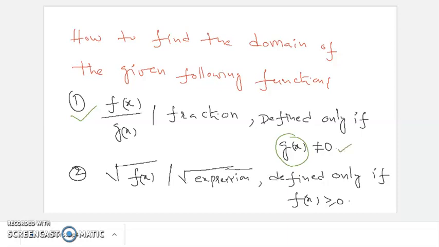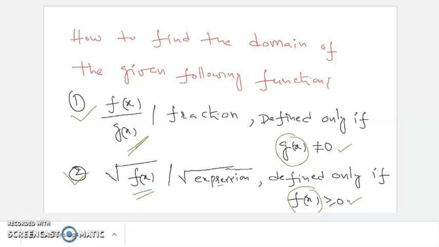The second one is a function of the form root f of x, or root over any expression. Such a function is defined only when the expression inside the root is greater than or equal to 0.